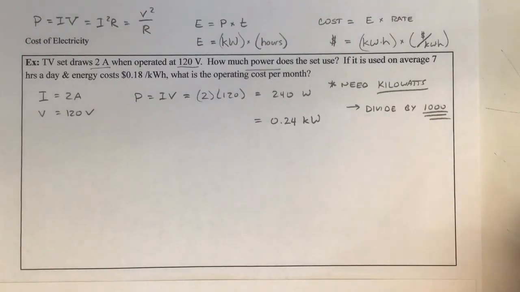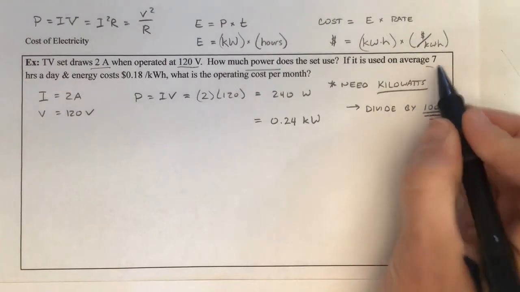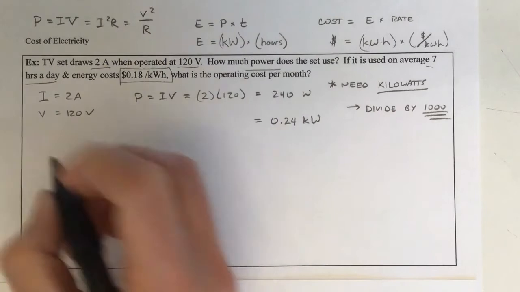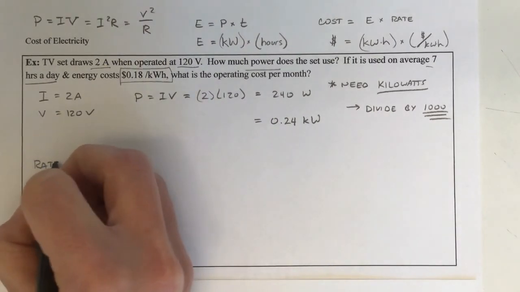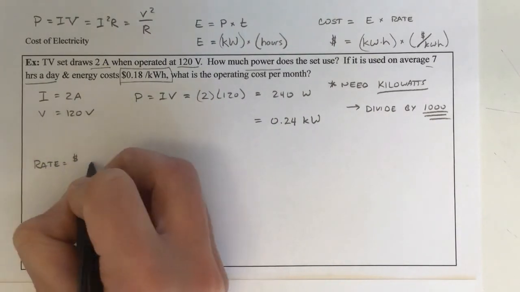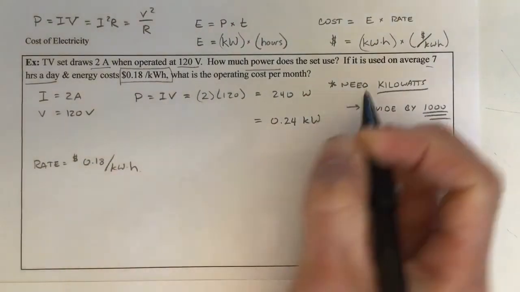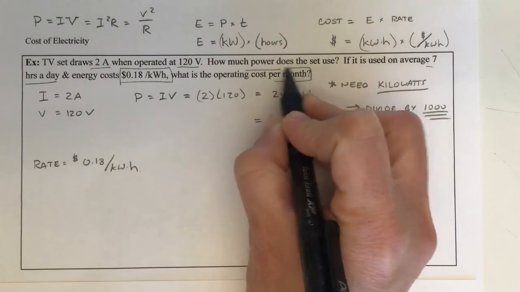It then says it's used on average 7 hours a day, and energy costs, okay, so there's my rate. My rate is 18 cents per kilowatt hour. What is the operating cost per month?